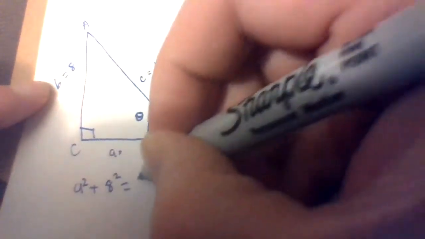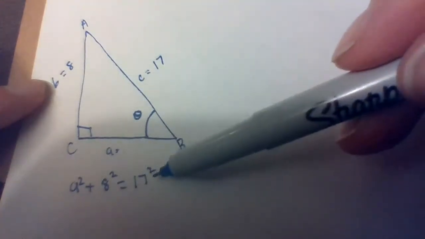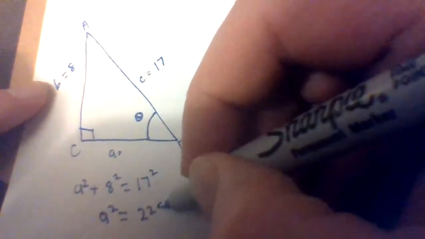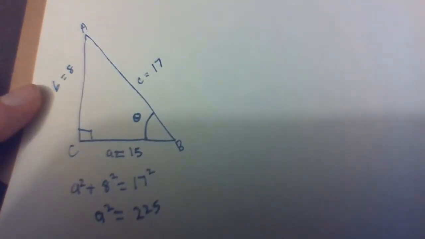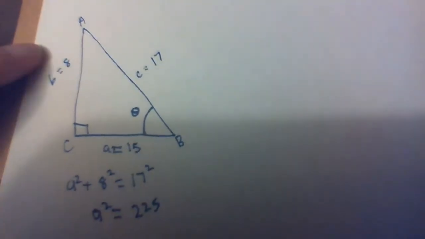A squared plus B squared equals C squared. That's 289. That's 64. If I take 289 and I subtract 64, I'll get 225. So that gives me A is 15. Okay, hopefully you guys can do that without my help.